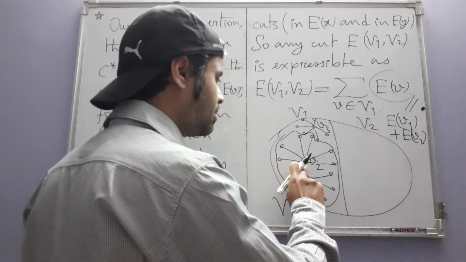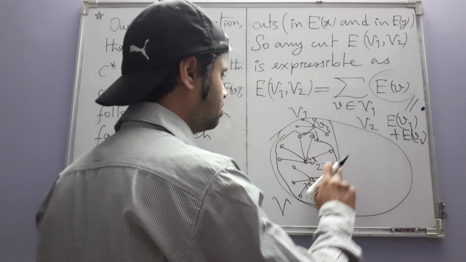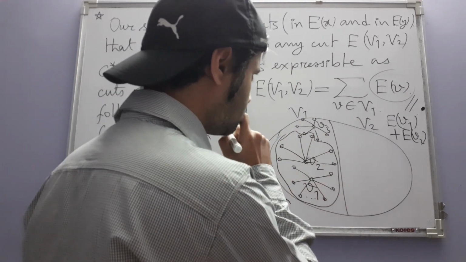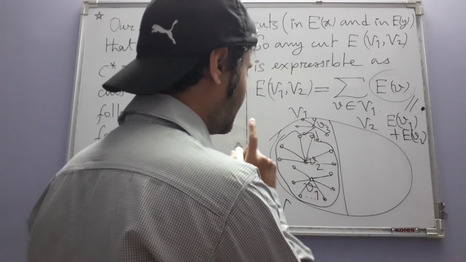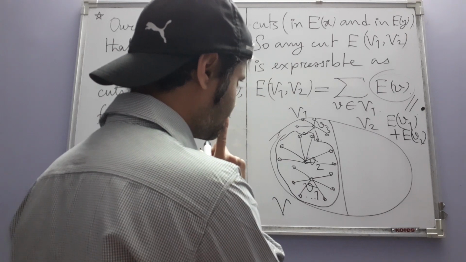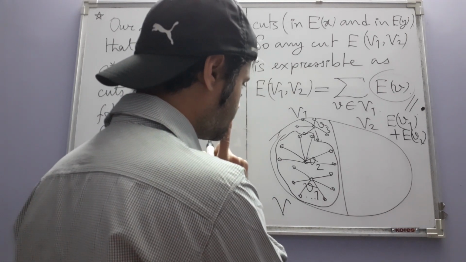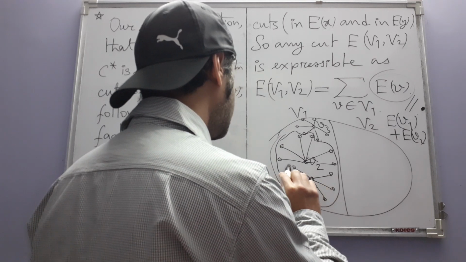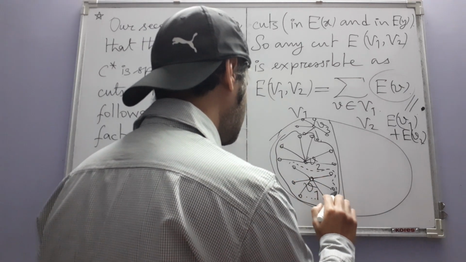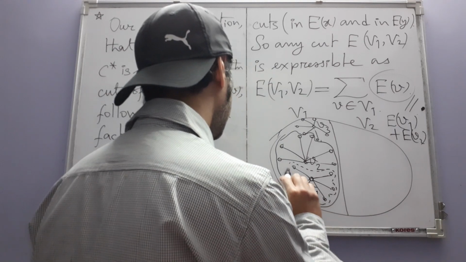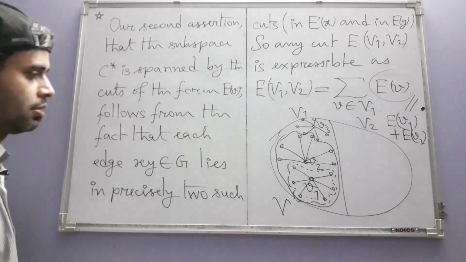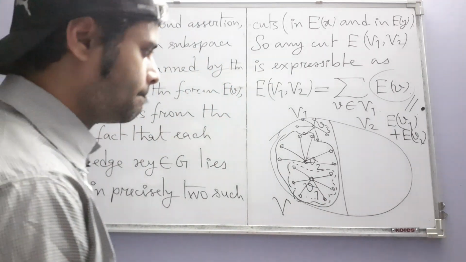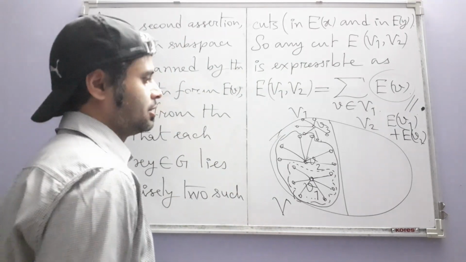We are actually not considering all the... wait, I think I am missing something here. There is no problem in considering these star-like structures when I am considering EV1. Okay. No, I have not made a mistake.